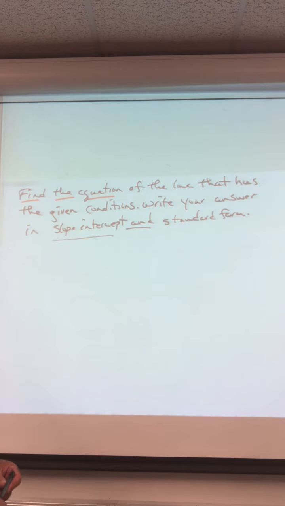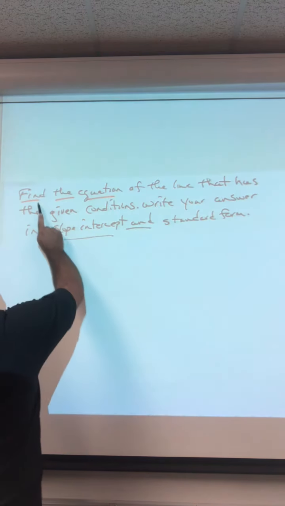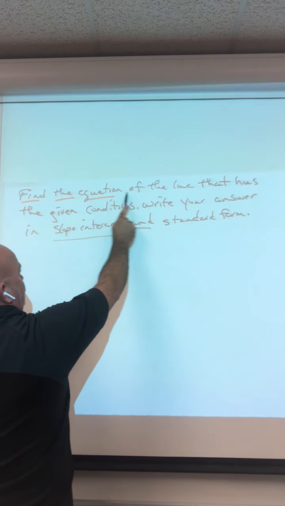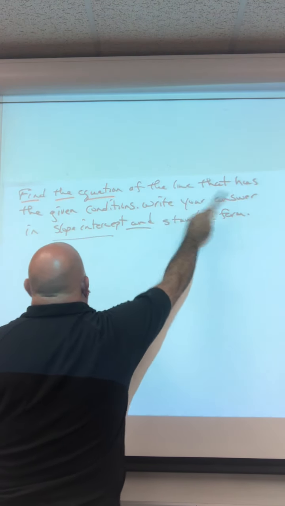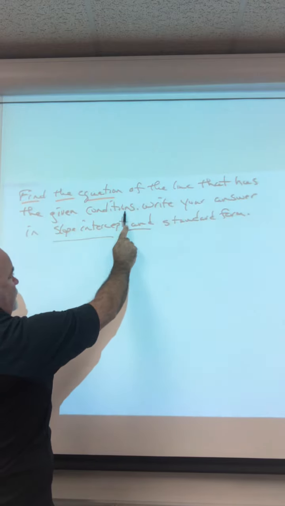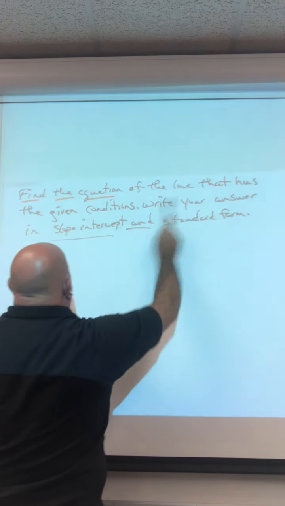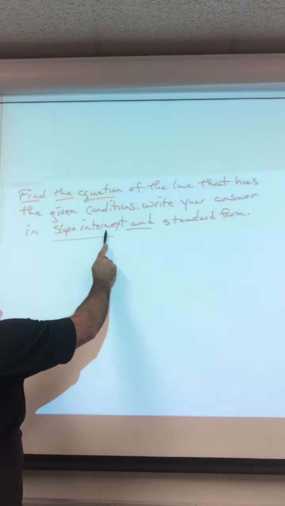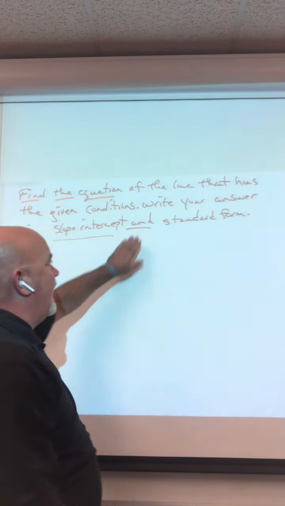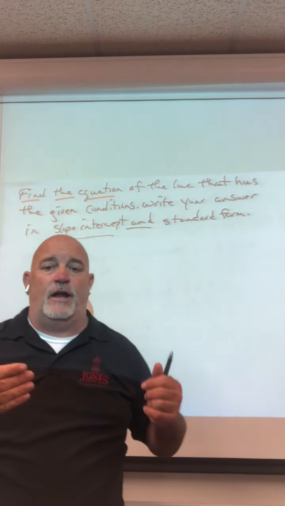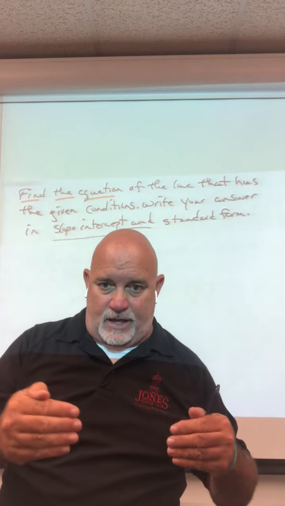Okay. Let me make sure that you could read all of this. Here's what it says. Find the equation of the line that has the given conditions. Write your answer in slope-intercept form and standard form. So we're going to write our answer two different ways.